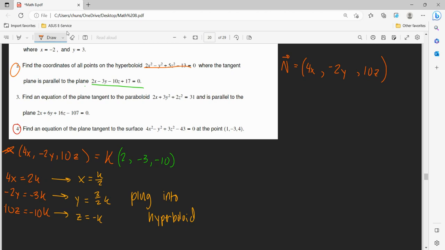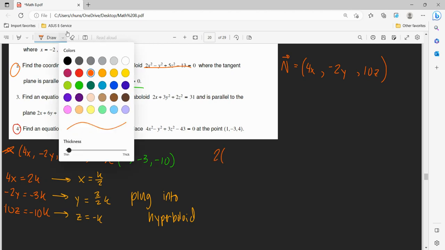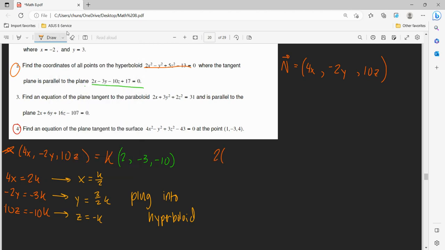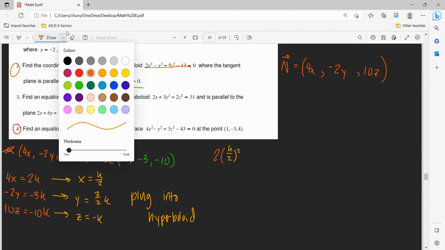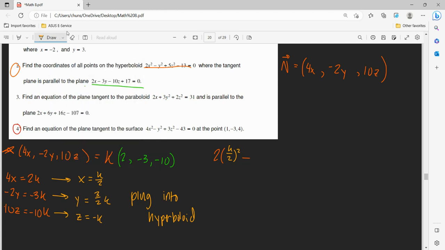So it's 2 times our x value, k over 2, squared, minus y squared, so minus 3 over 2 k squared, plus 5, and our z was negative k squared, and this is minus 13 equals 0.